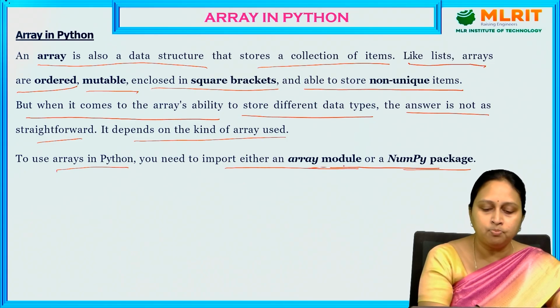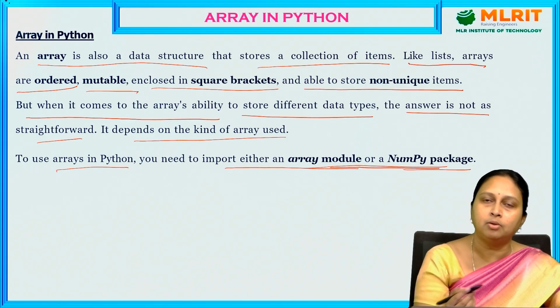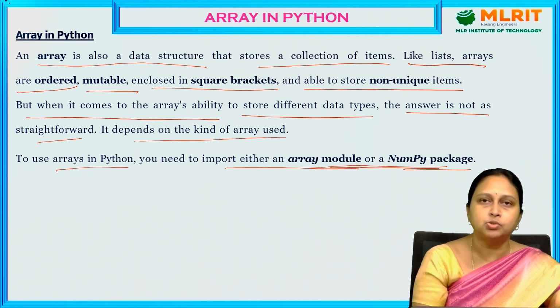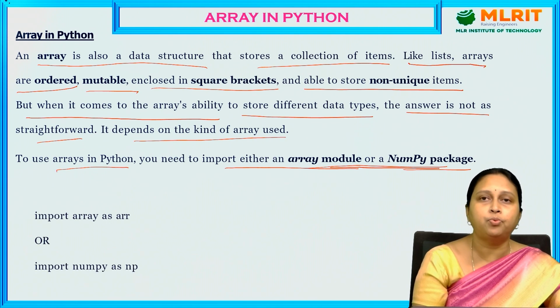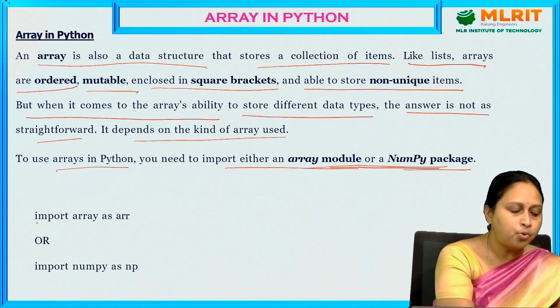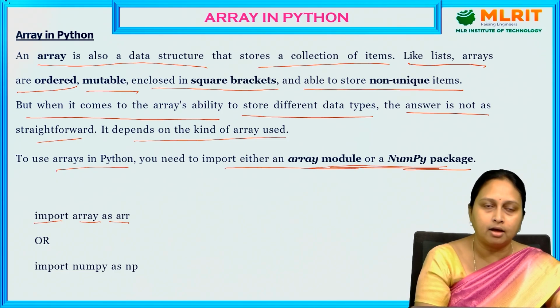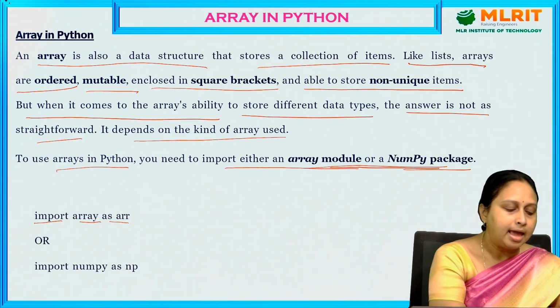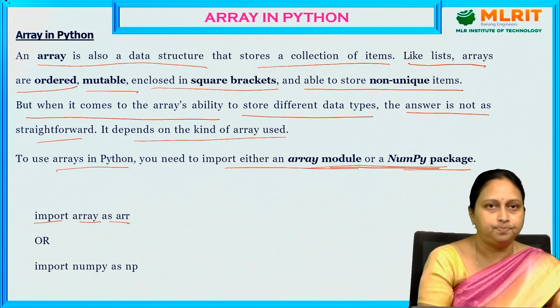We need to import either of these two libraries, and we can do our operations with arrays. For example, how to import these libraries? Import array as ARR. What is the meaning of it? The array module is replaced with a short alias name ARR.